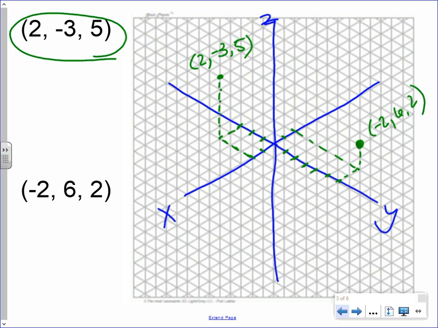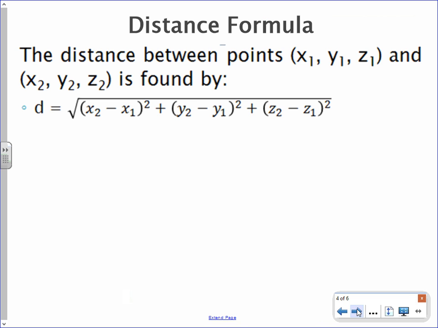Square root of x2 minus x1 squared, plus y2 minus y1 squared. Any ideas on what it would be in 3 space?